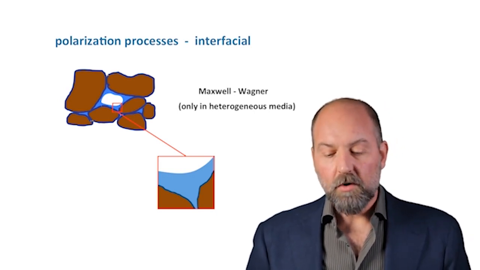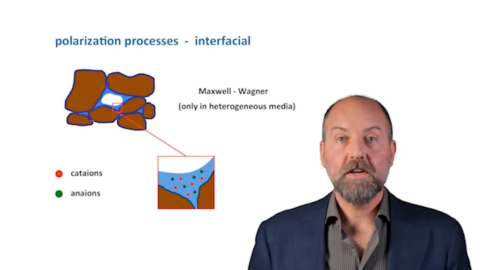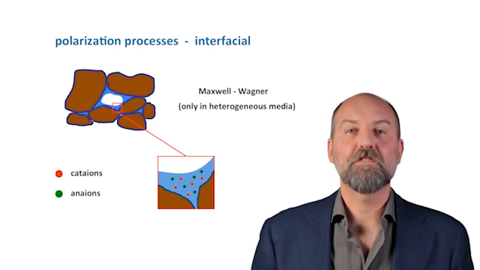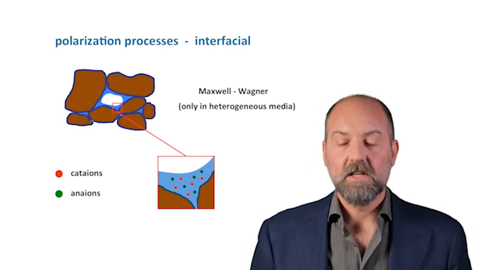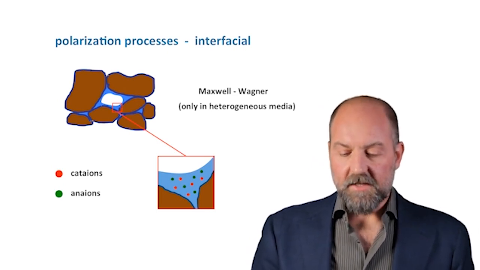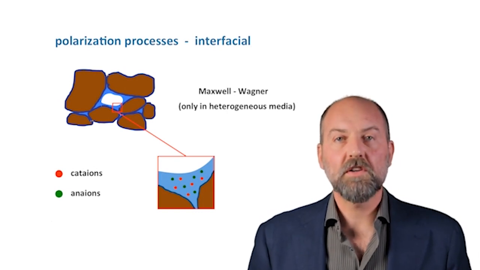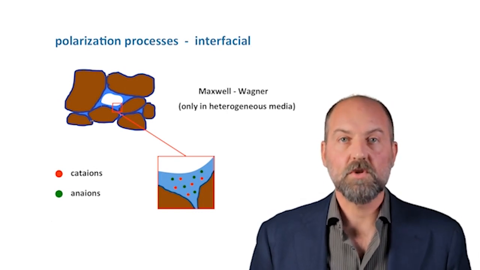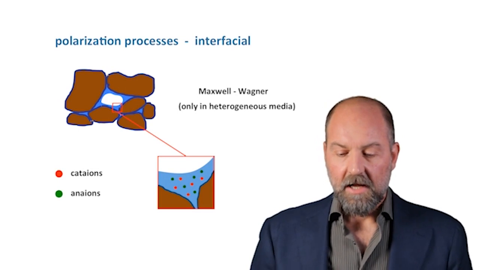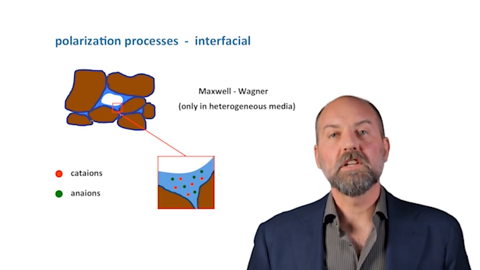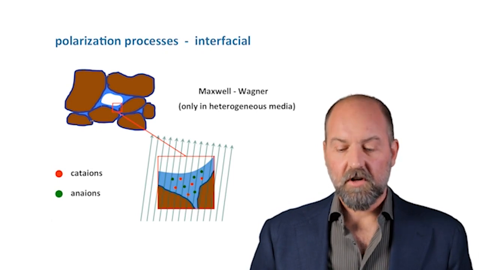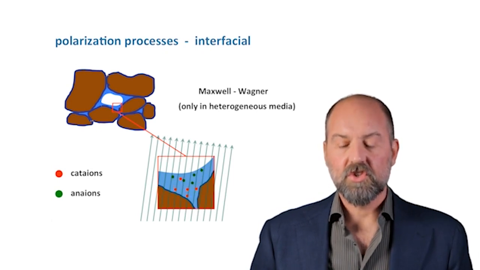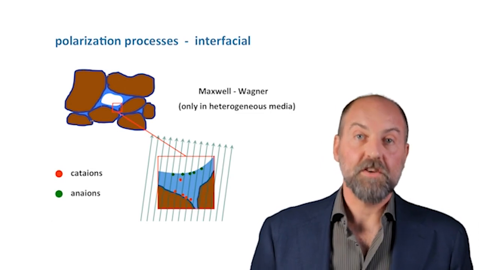Now, as you may know, soil water is far from being pure. There is a large number of solids dissolved in it. And here I have indicated with these two different colors the ions of different charges, so anions and cations. Now, if we apply an electric field, you would expect that the particles of different charge move in different directions.